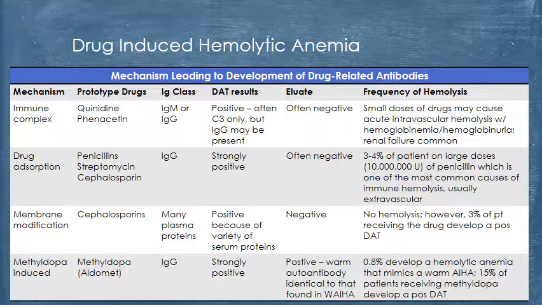Only a small percentage develop anything that looks like a warm autoimmune hemolytic anemia, but 15% of patients receiving methyldopa will end up with a positive DAT. So they don't necessarily develop anemia, but they will have a positive DAT, which will then interfere with your results in the blood bank.